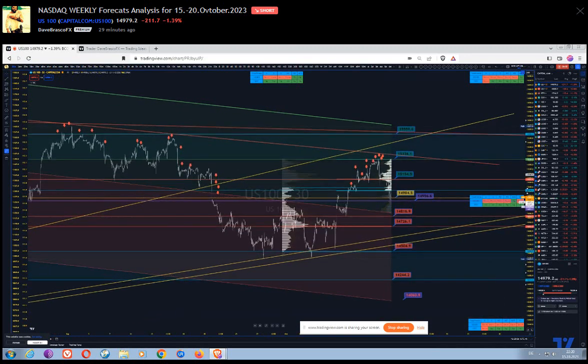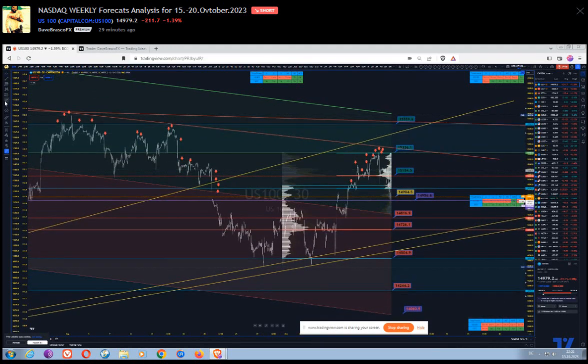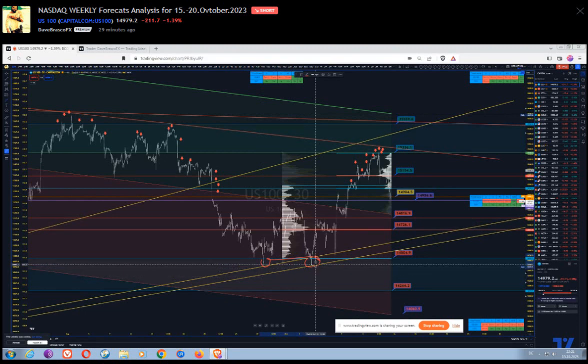So we go now to NASDAQ of the last week, and we see the NASDAQ tried to fill the gap, but it was not successful. And as I told you, the reason was the pullback of the US dollar or US dollar index.